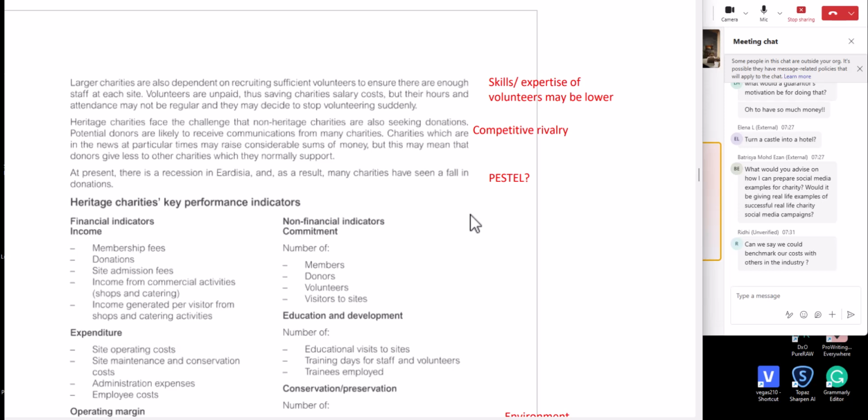One of the key measures for charities is how much money we are going to spend on admin costs. How much is your admin cost compared to your revenue? What's your percentage? That's a key measure in a charity.